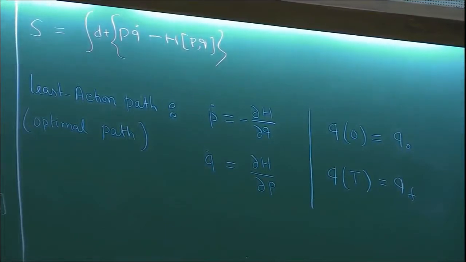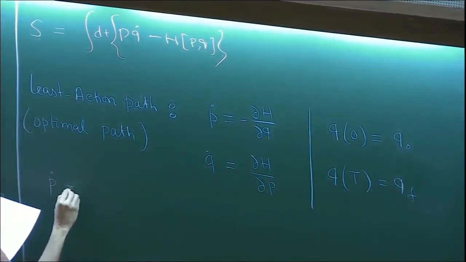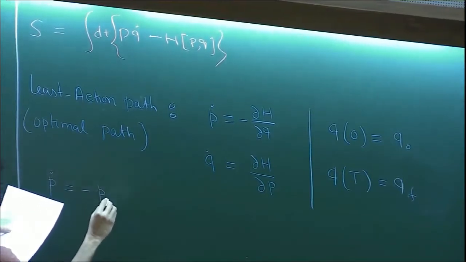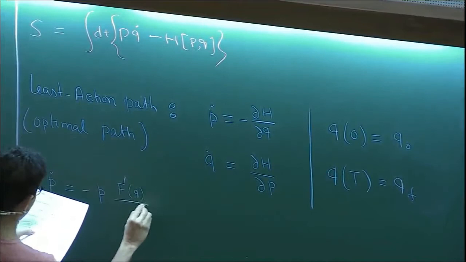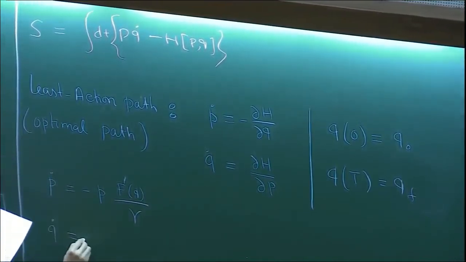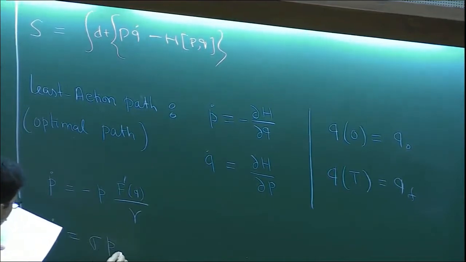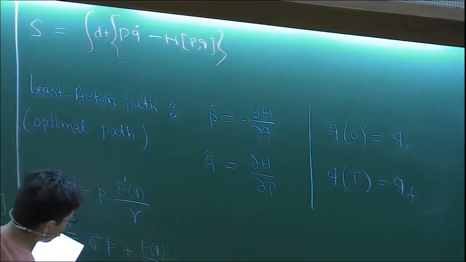It's a very simple exercise. You'd find that P dot is equal to minus P F prime of Q divided by gamma, and Q dot is equal to sigma P plus F(Q) by gamma.